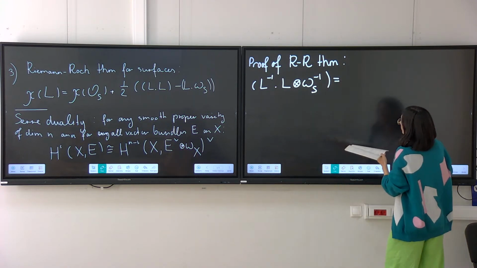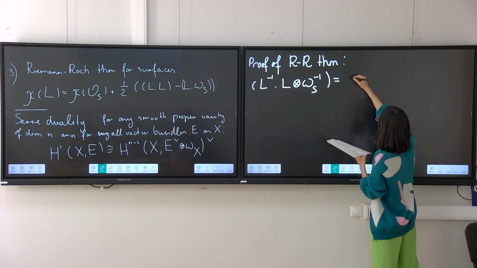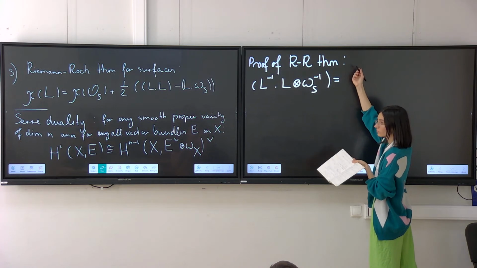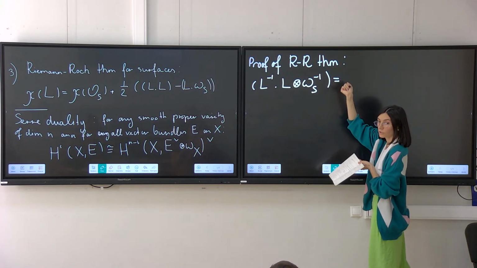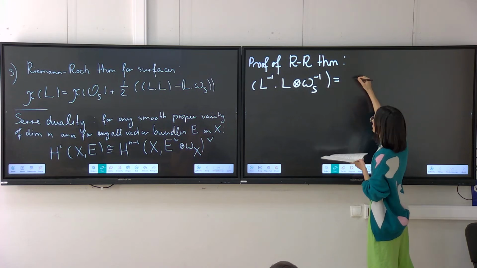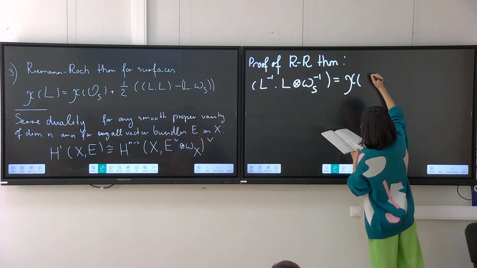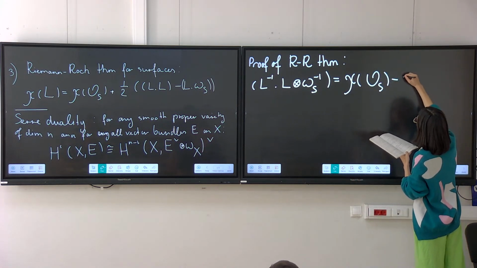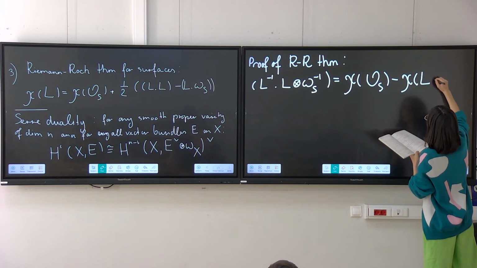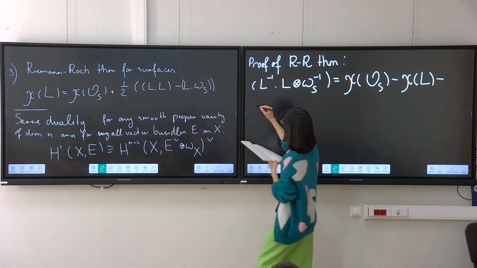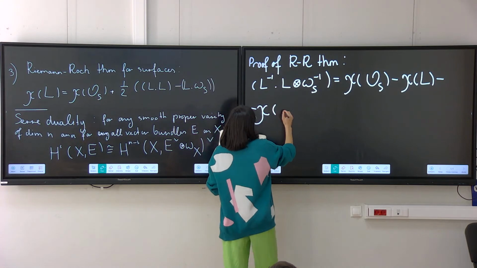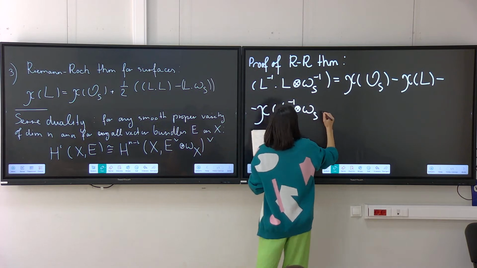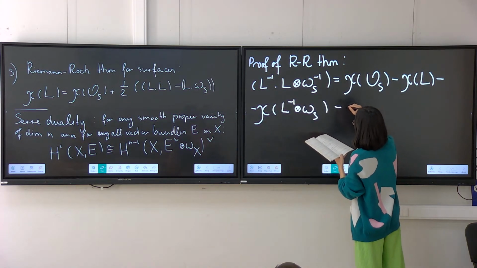So what is this, just by definition? It is the Euler characteristic of O minus the Euler characteristic of L inverse minus the Euler characteristic of L times K inverse, and then plus the Euler characteristic of K inverse.